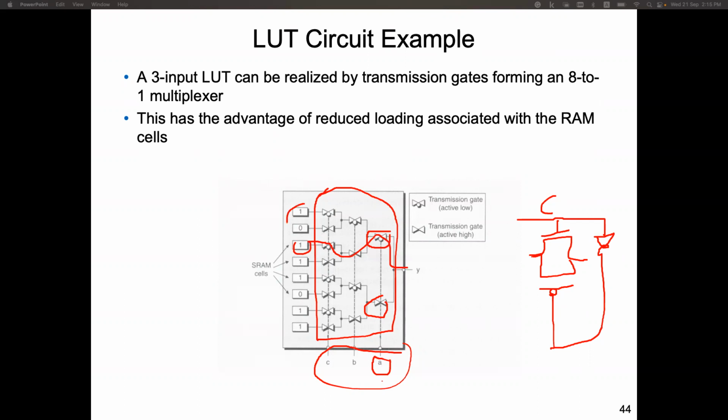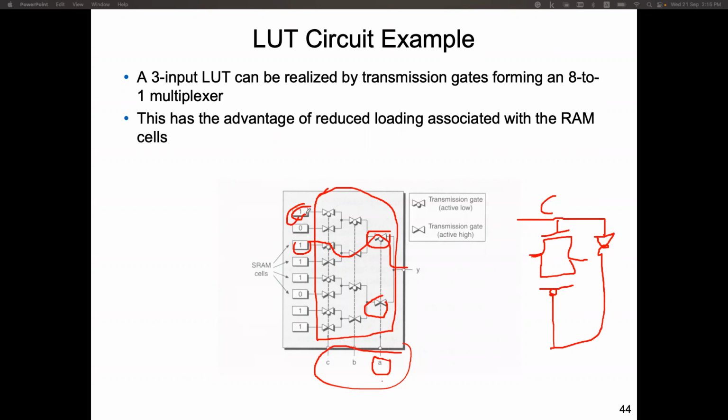So we store some values, ones and zeros, in these memory cells. They can be SRAM cells or registers. You can treat it as SRAM. But for this particular circuit implementation, the advantage is that it is simple and has a reduced loading effect associated with this memory cell.